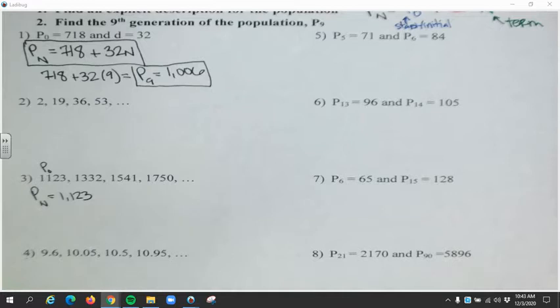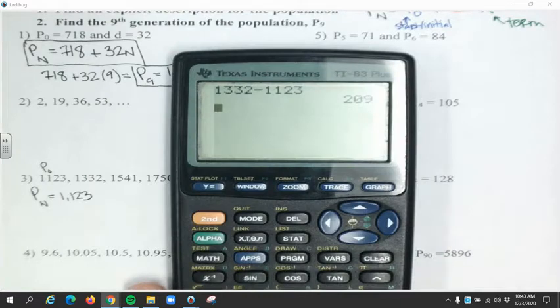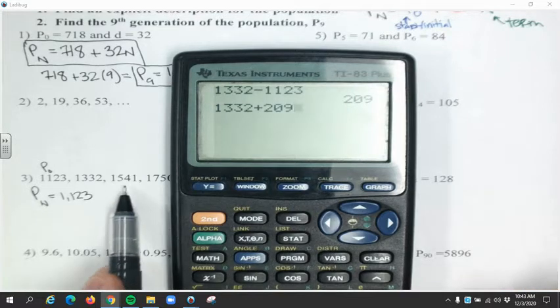What I need to find is the difference. What is the difference between this term and the next term? So I'm going to take a calculator and simply subtract 1332 minus 1123, the number before it. It gives me a difference, as you can see there, of 209. That means that I'm adding 209 every time. If you're not sure, take 1332 and add 209 to see if it gets you 1541.